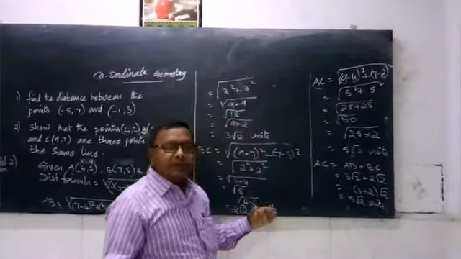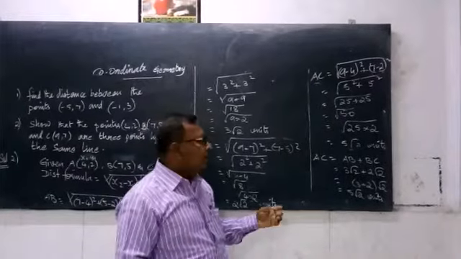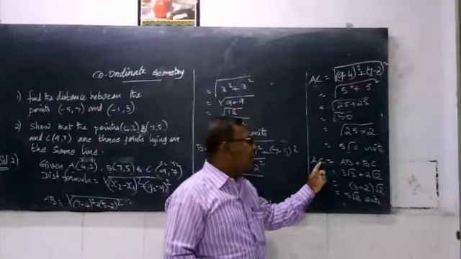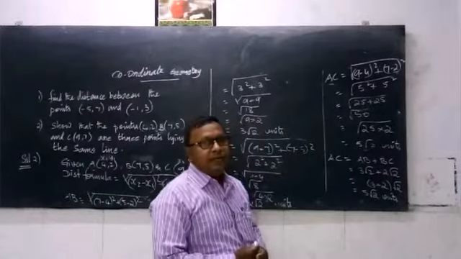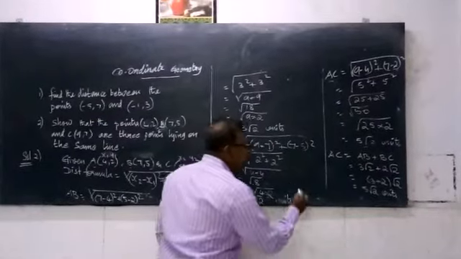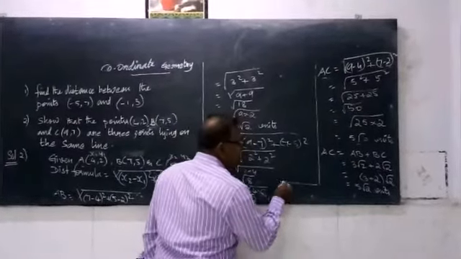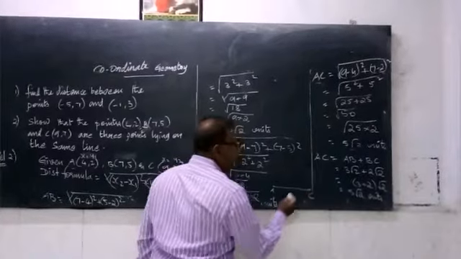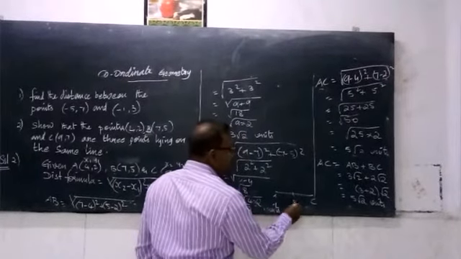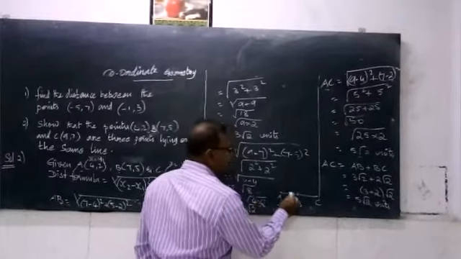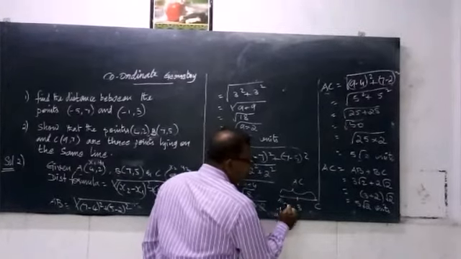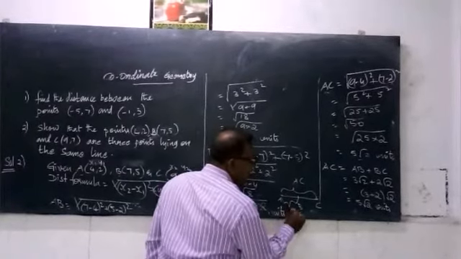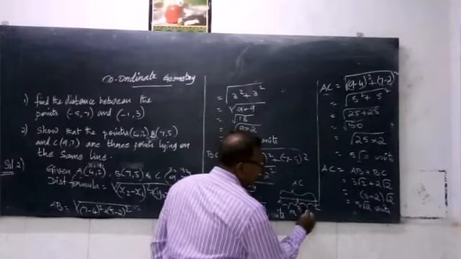Okay? So it's very clear that all the 3 points A, B and C are lying on the same line. See, I am showing you here. This is A, this is C. Here up to here it is B. From here it is BC. So this AC is equal to AB plus BC.